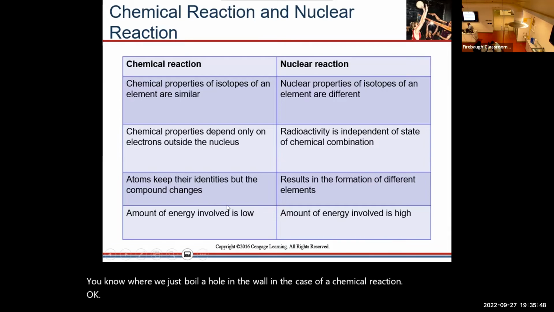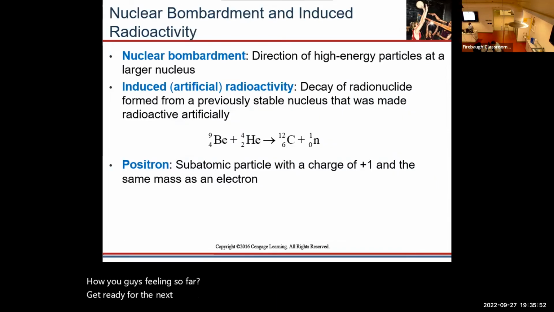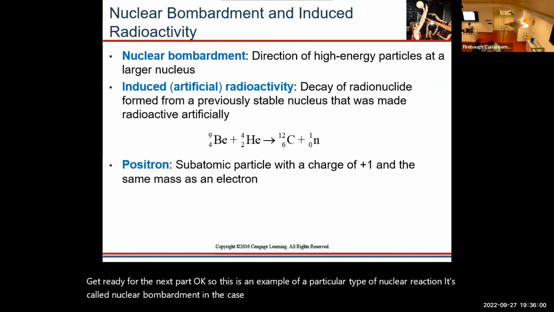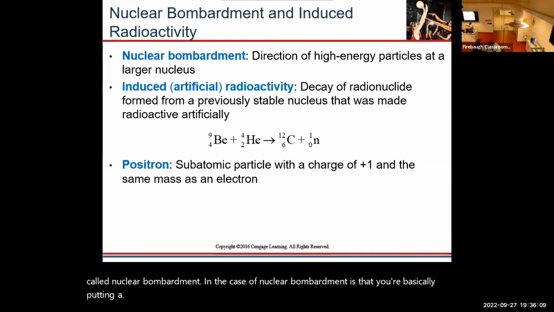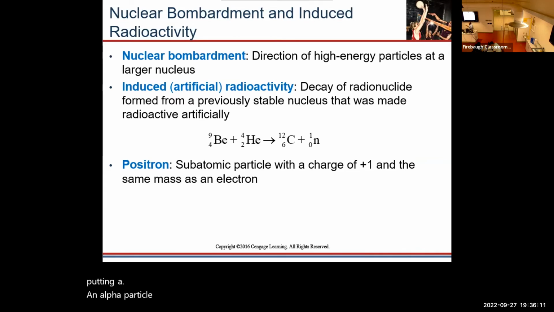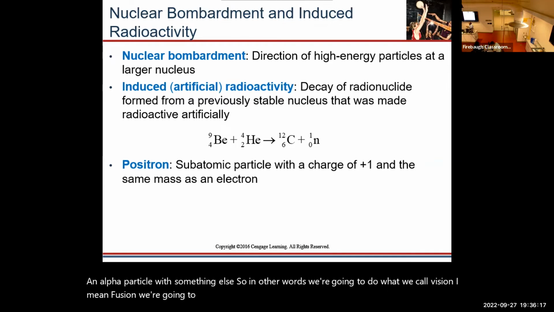How you guys doing? Okay, so this is an example of a particular type of nuclear reaction. It's called nuclear bombardment, where you're basically combining an alpha particle with something else. So we're going to do what we call fusion, pulling things together to make an element.